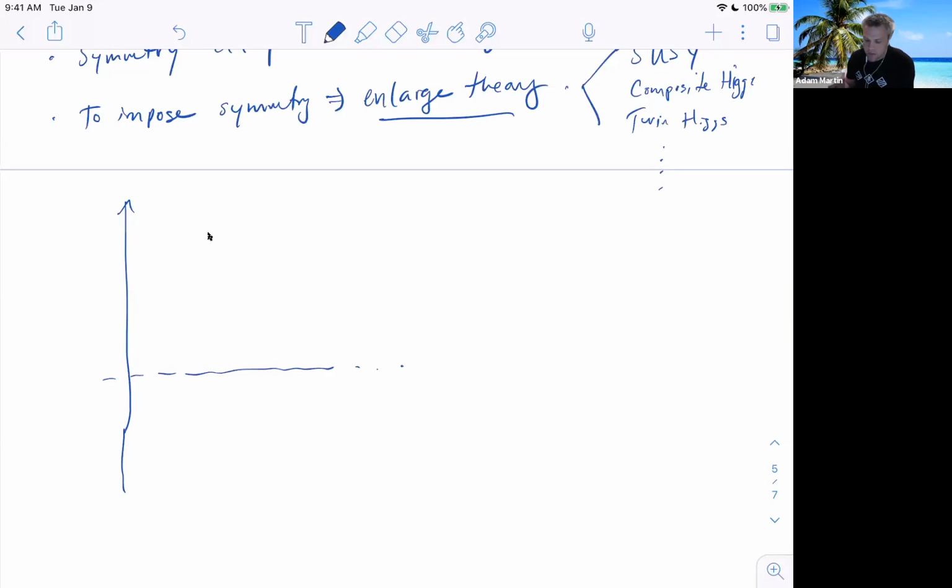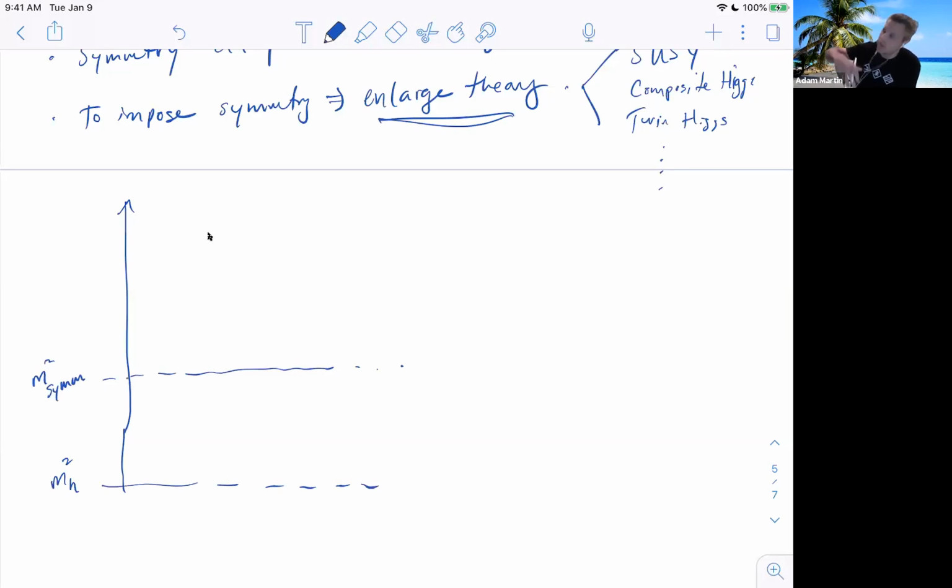So what are we imagining here? I don't see these particles that I have to put in to enlarge the theory. Well, here's our Higgs. We're down here. We have m, let's do mass squared. Here's mass squared of the symmetry partners. That will be the masses of the particles that we need to put in to enhance the symmetry. This is the masses of the superpartners.